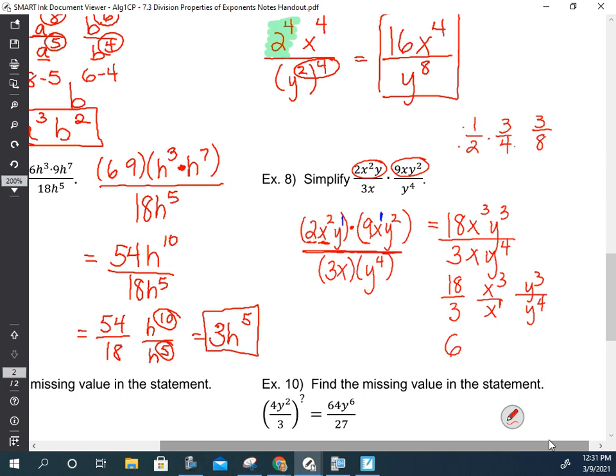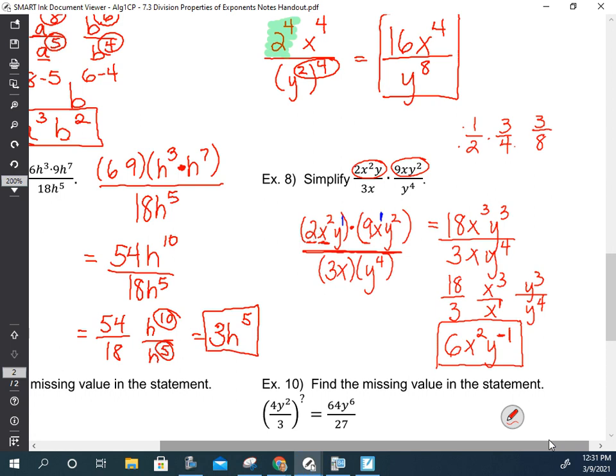So what's 3 minus 1? 2. Same thing with the y. So what's 3 minus 4? Negative 1. So negative 1.